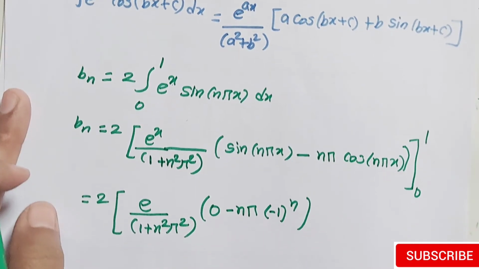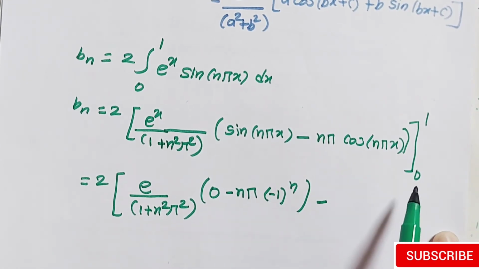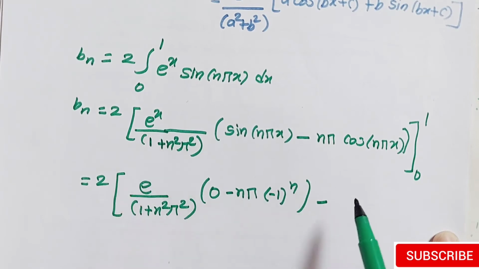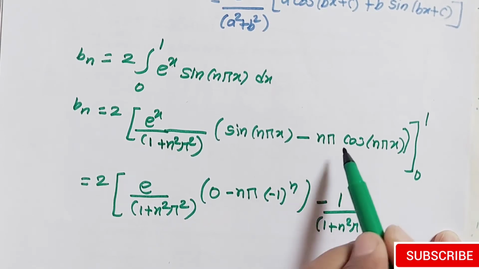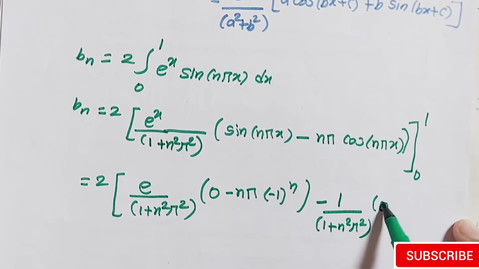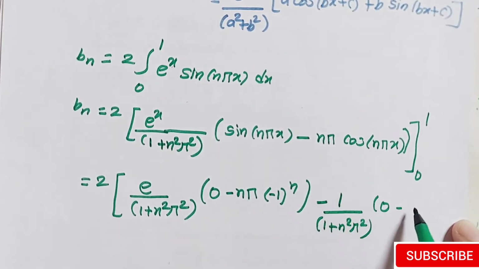So this is the value for the upper limit. Minus the lower limit, x equals 0. If we put x equals 0, then e raised to the power 0 is 1 divided by 1 plus n square pi square. Then sine of 0 is 0, minus, and cos of 0 is 1, so minus n pi.